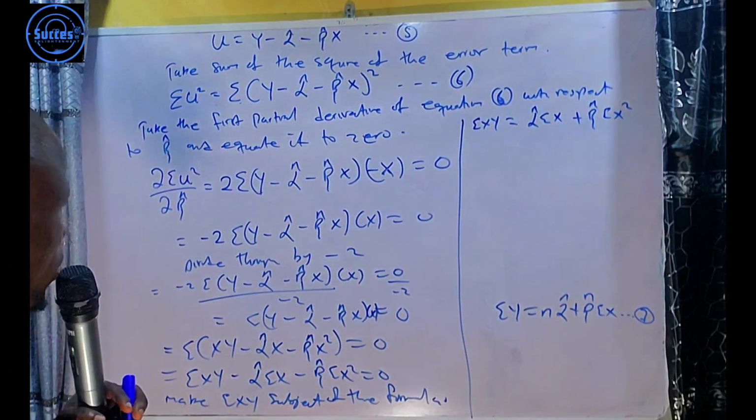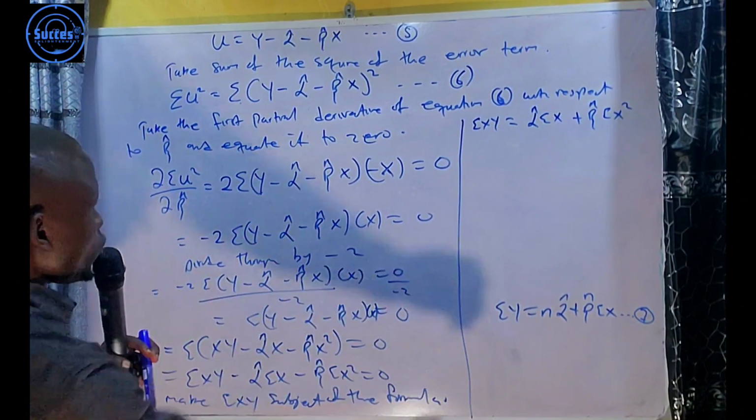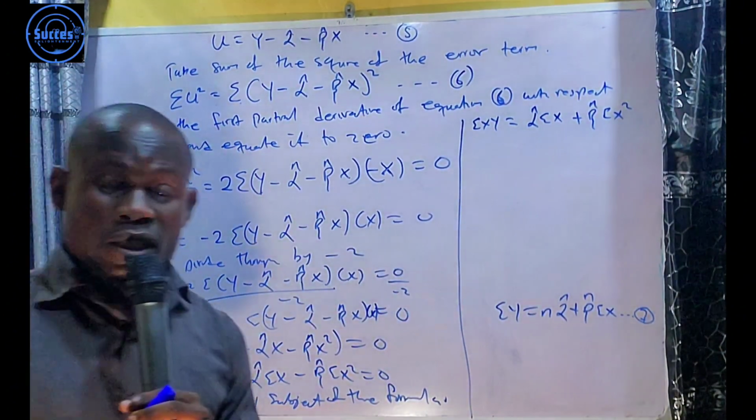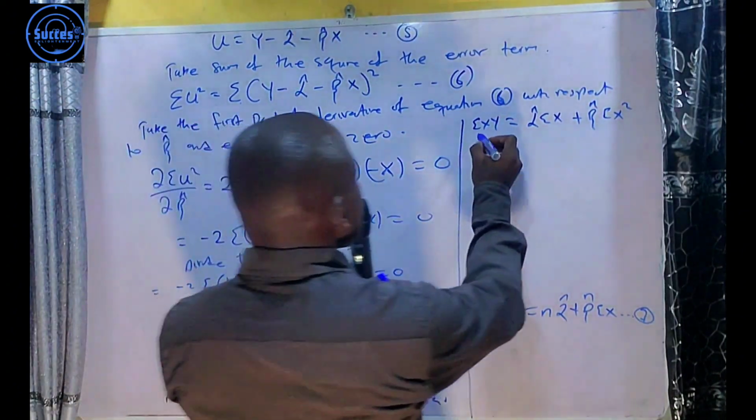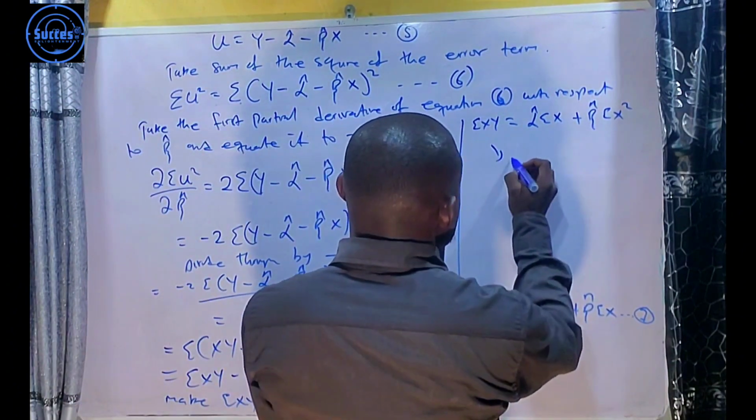Alpha cap summation x plus beta cap summation x squared. This comes to the right hand side, so the sign changes from minus to plus. So this is your second normal equation.